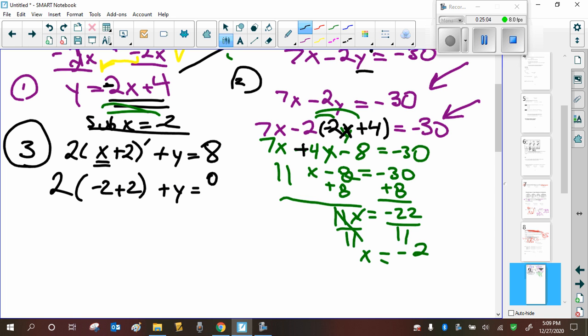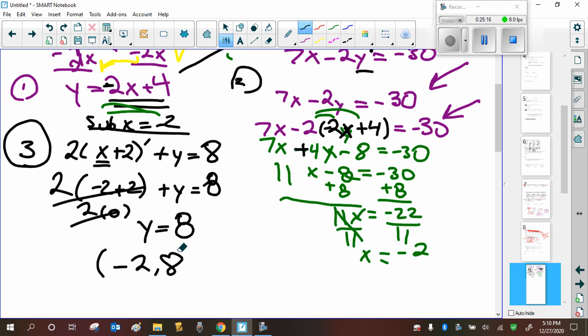And 2 times 0 is just 0, so that cancels. You're left with y equals 8. So negative 2, 8 is the solution, as I'm still writing with my eraser. And I'm just getting ready for an explosion here.